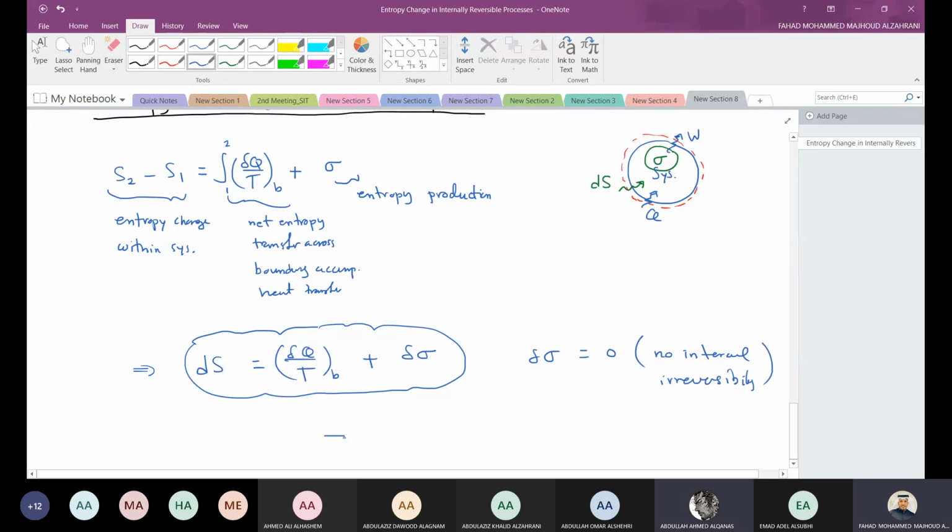It will give us dS equals dQ over T for internally reversible.